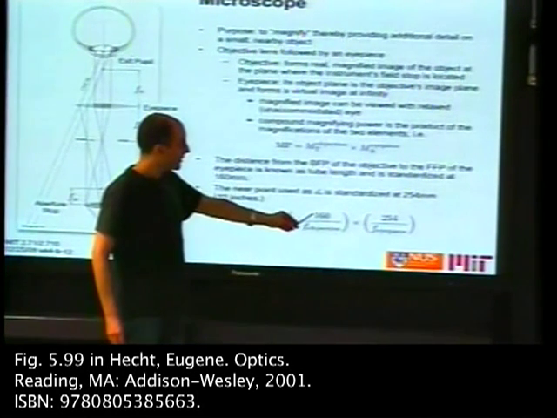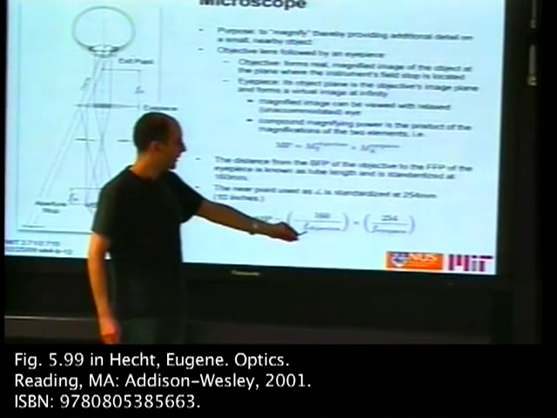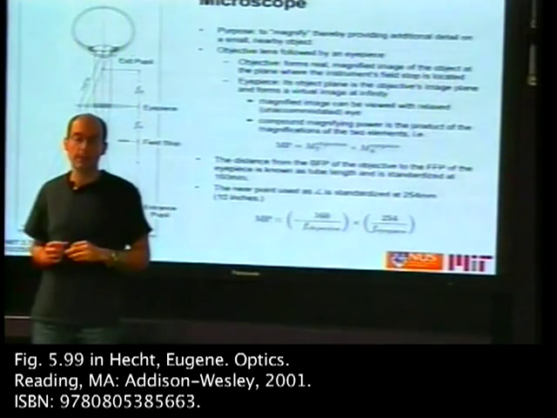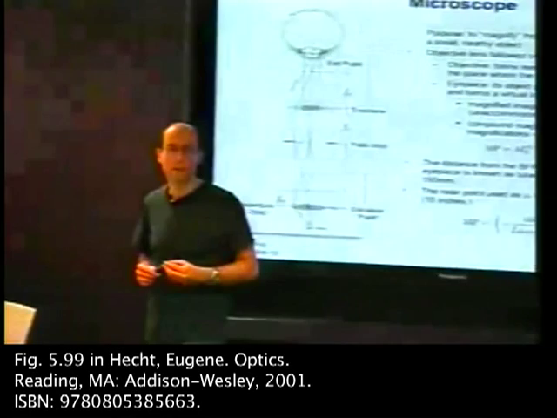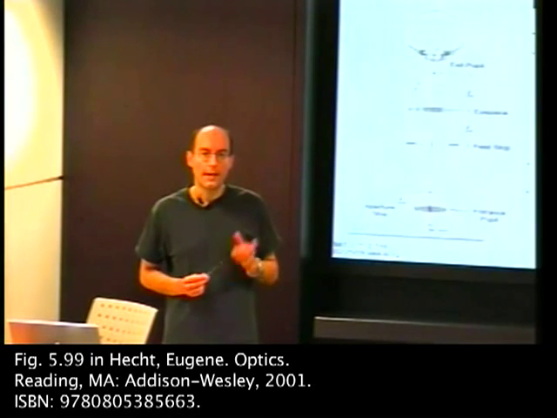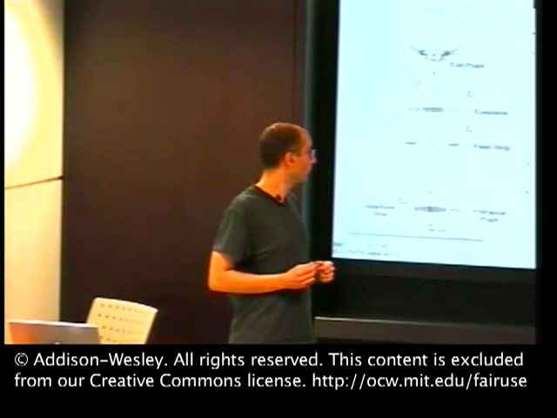So basically, you can see that if you pick the focal lengths to be sufficiently small, then you can get very high magnifications in the order of hundreds, maybe even 1,000. Let me ask two questions now.